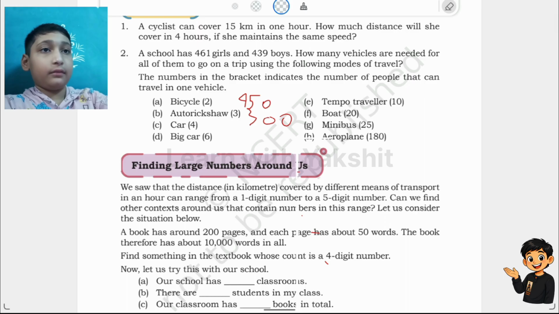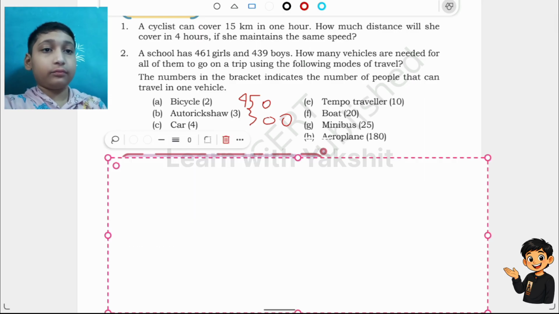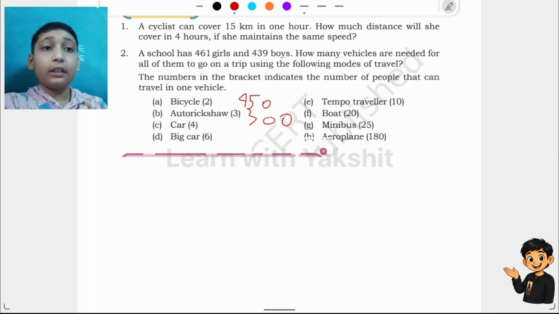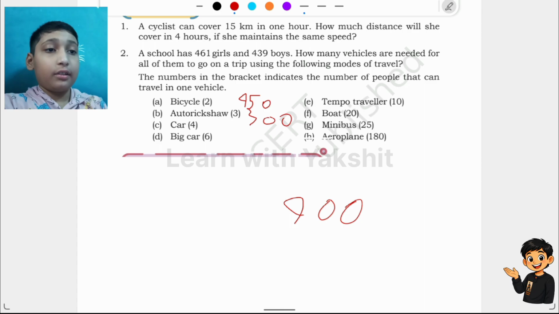There. Now I have to make another giant square. Now we have to do it by cars. Now 900 divided by 4. In this, we can do it by 2 because that is the nearest one.